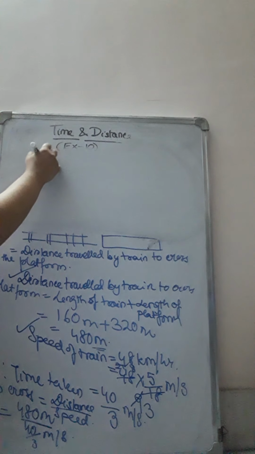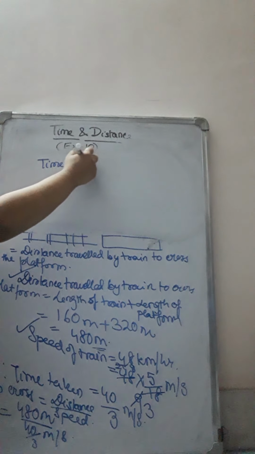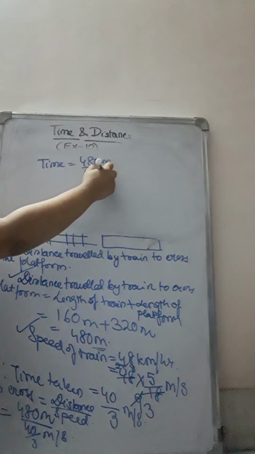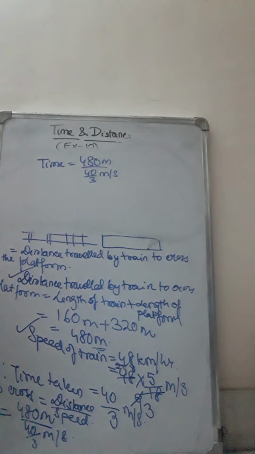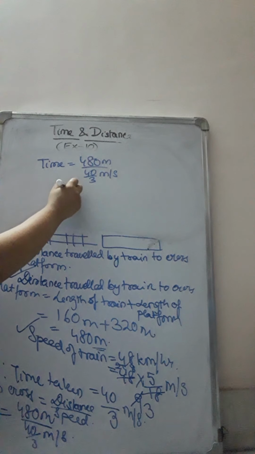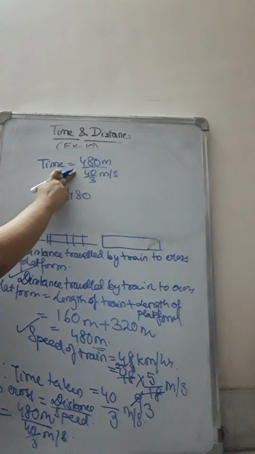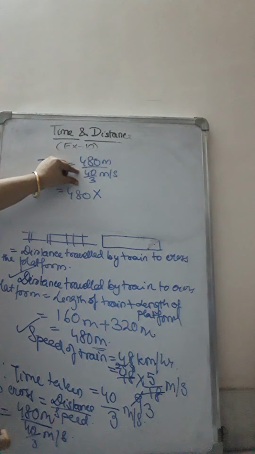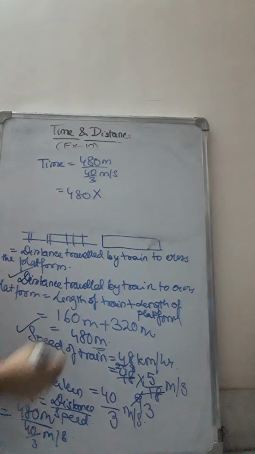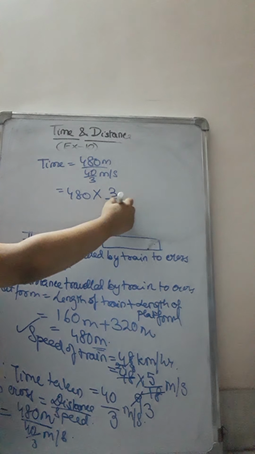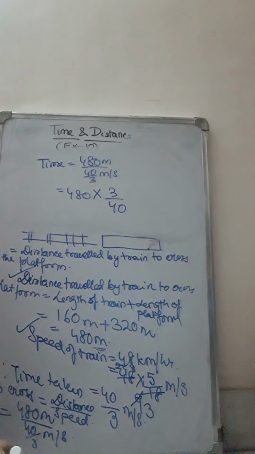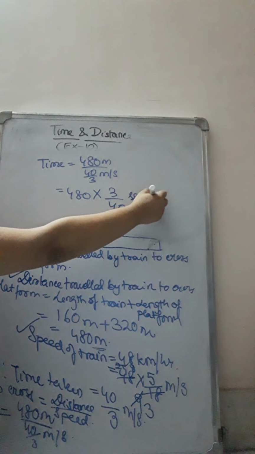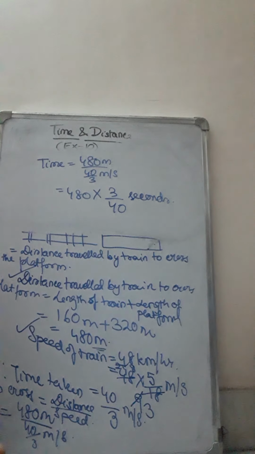So the time taken to cross is 480 meters divided by 40 by 3 meters per second. If we change this division into multiplication, the lower fraction changes into its reciprocal, 3 by 40. And the unit of time is second. Here meters will get cancelled and you will have only seconds. You have to write the units very clearly.